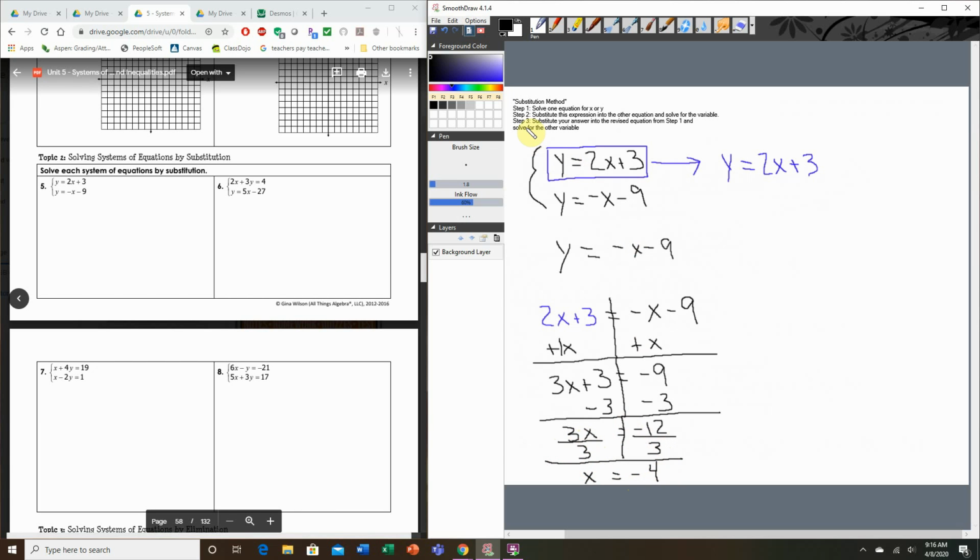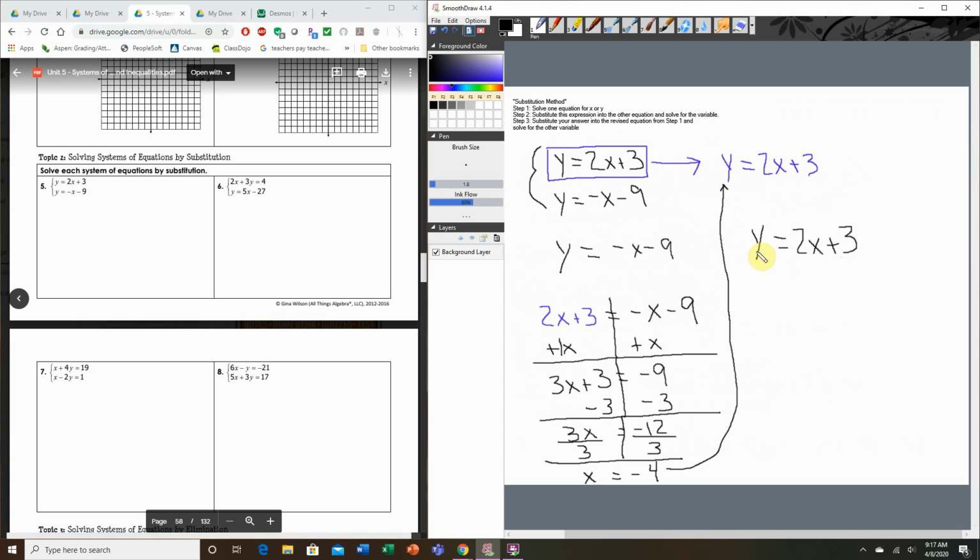Now looking at step 3, it says substitute your answer into the revised equation from step 1 and solve for the other variable. So we have x equals negative 4. And I'm going to plug that back into the equation we solved for, or you could plug it into either one. You should get the same answer. And we're going to solve now for y. So we have y equals 2x plus 3. And we're going to plug in the x value that we found.